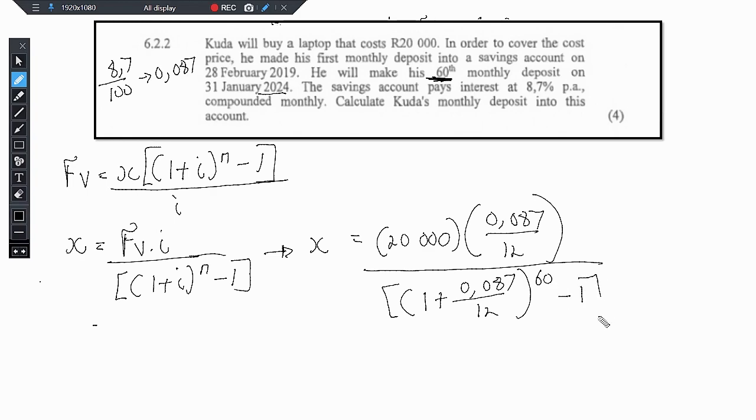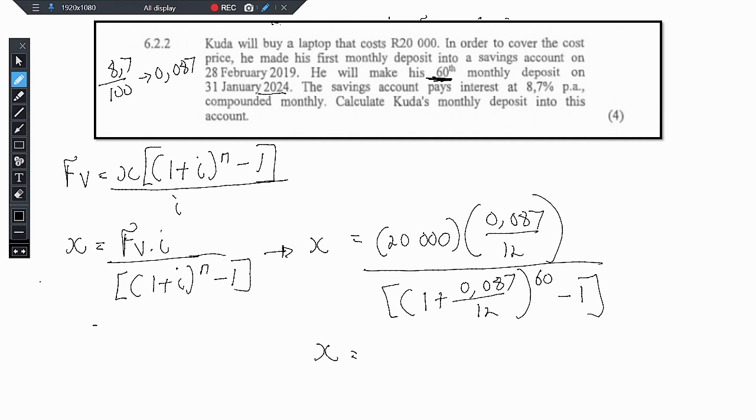Now, from all these questions, you get that the n, you might have to calculate it yourself in some questions, but in some other questions, you will be given it. So you must be able to maneuver in both situations. If you need to calculate it yourself, they will give you the time in years, and then you just have to multiply by 12 if it's monthly, and then find the number of months.